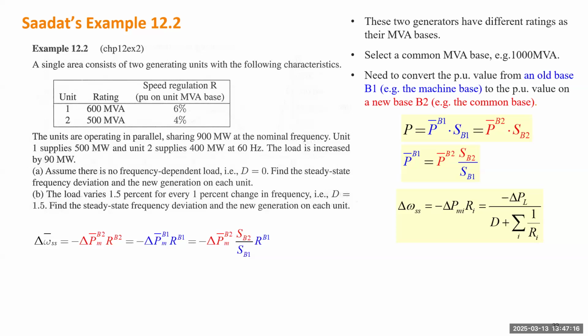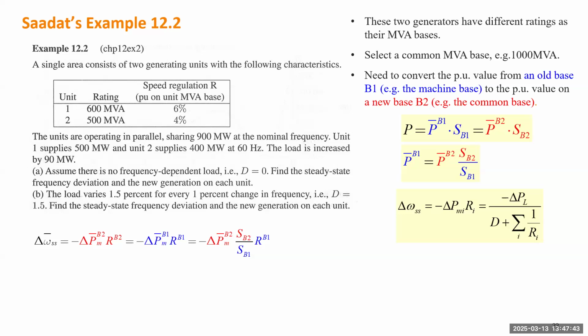Now if the power is taken as a per unit value on base 2, the frequency deviation will be that formula, where I make P the per unit value multiplied by RB2. RB2 will be the value calculated based on base 2.